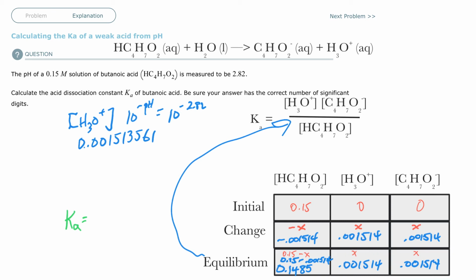So this is going to be 0.001514 times the concentration of the C4H7O2 minus, that's here, it's the same number, 0.001514, and then I'm going to divide that by the equilibrium of the butanoic acid. The butanoic acid is the stuff on the bottom, HC4H7O2, which is going to be 0.1485.